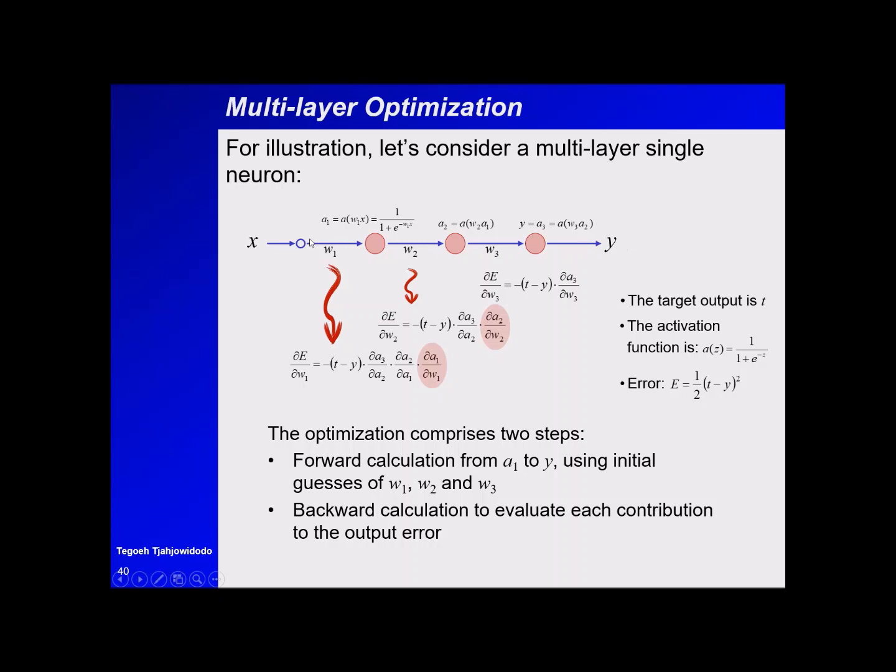So we calculate y by taking the X, and then using the initial guess of W1, calculate the output of this node, using the initial guess of W2, we can get the output of this node multiplied by W3, and then at the end we have Y. We have one shot of forward calculation. And then after that, we do the backward calculation to update our W's from the last one. That's why we call it backward calculation.